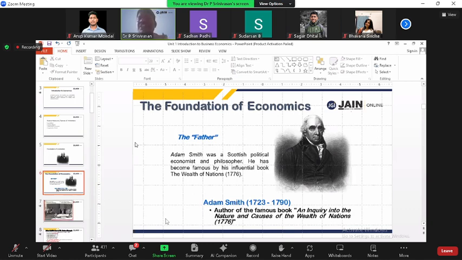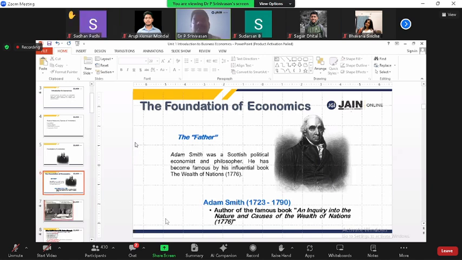What is the division of labor? Divide and work based on specialization. This concept was introduced by Adam Smith in his book.